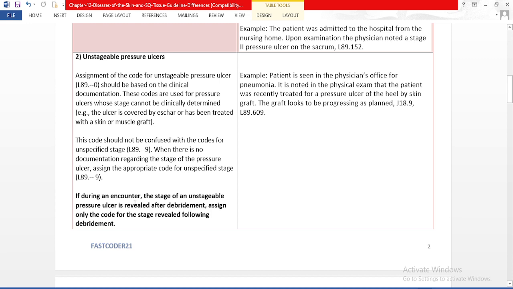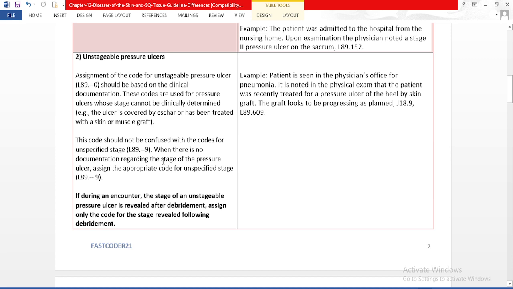If during an encounter... here we need to understand that unstageable pressure ulcer and unspecified pressure ulcer stage are both different. Unstageable pressure ulcer is because of eschar or treatment of the pressure ulcer performed by skin or muscle graft.